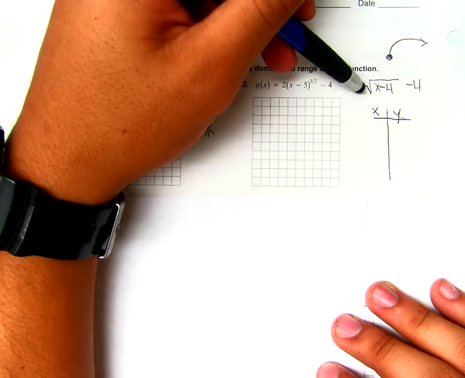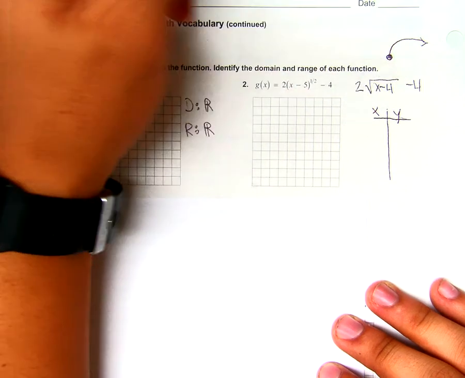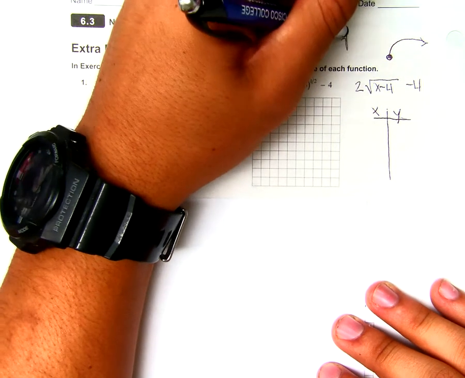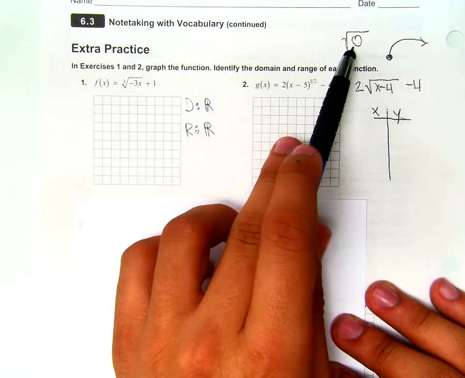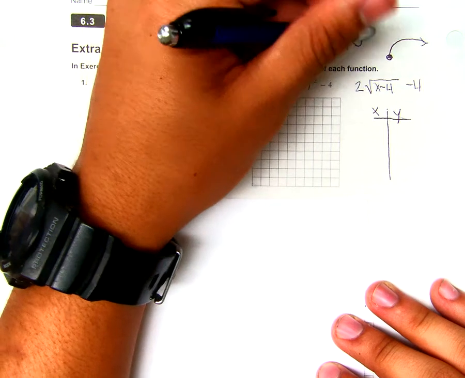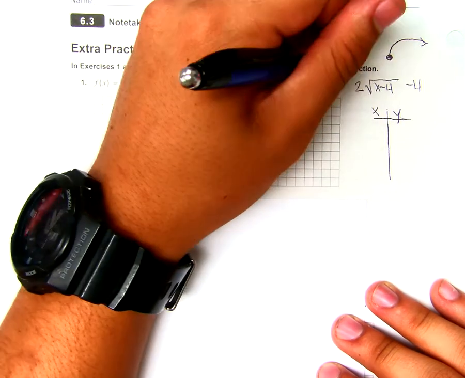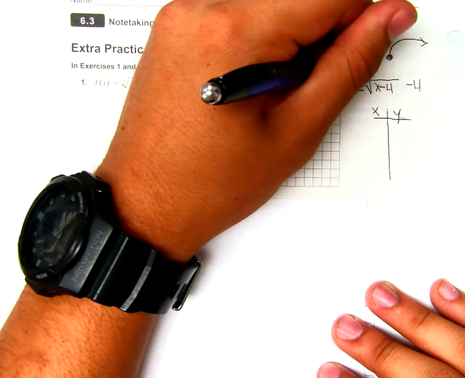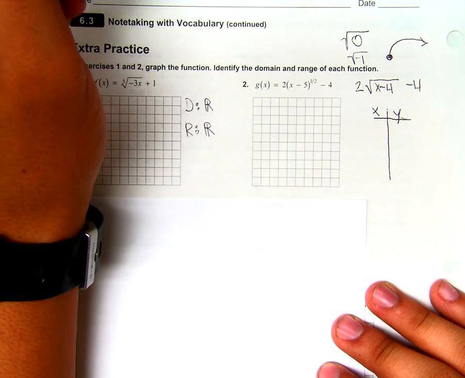The way you find that is by making whatever is under the square root 0. That's where whatever function you have will start, whenever what's under the square root is 0. And we know that because we cannot have a negative number under the square root.